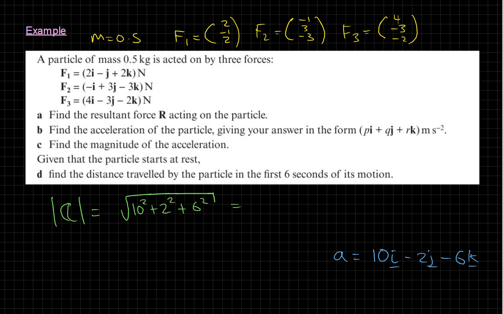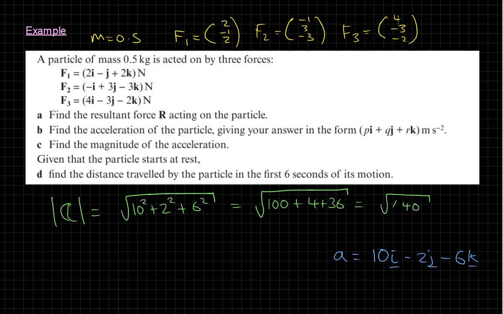Technically minus 2 and minus 6, but I'm shortcutting it because I know squaring a minus number is the same thing as squaring the positive version. Root 140. Can we simplify that? I don't think so. Okay, that's it. Square root of 140. That's the magnitude of the acceleration.